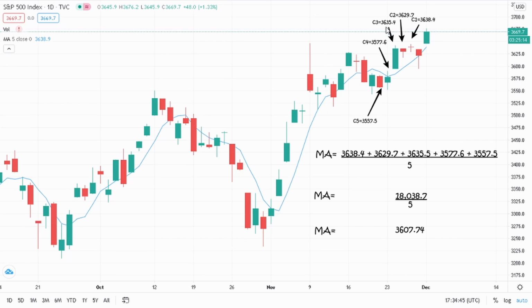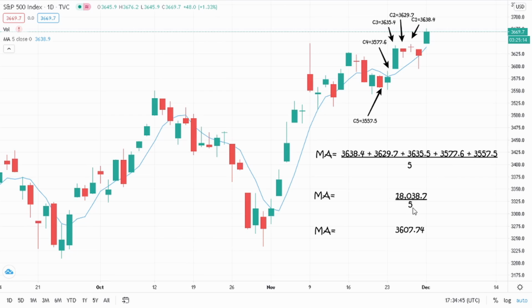And then we're going to look at November the 24th, which is $3,635.40. And then so forth, November the 23rd and November the 20th here. So all these values are on this line right here. These are the 5 closing prices, and they equal $18,038.70 altogether.